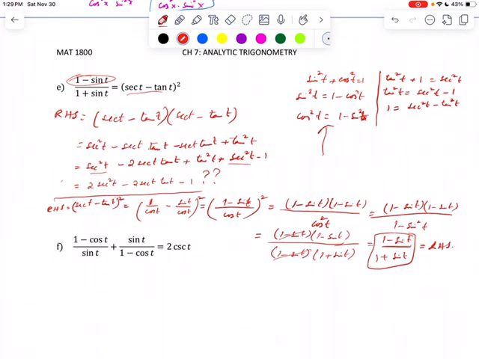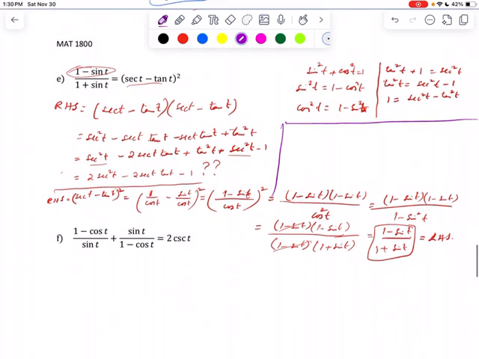Now another way of doing this, I will show you here. So another way of doing this one is, if you start with the left hand side, which is 1 minus sine t over 1 plus sine t.